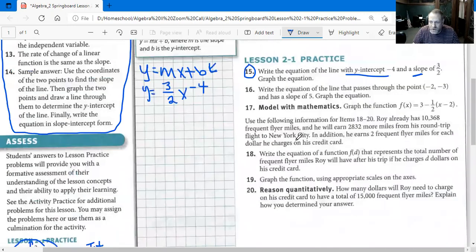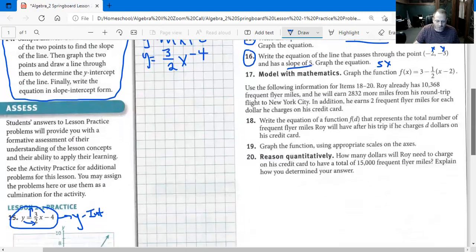So let's look at number 16. Write the equation of the line that passes through (-2, -3). Remember, this is our x, this is our y, and it has a slope of 5. So we're already looking at 5x as the slope.